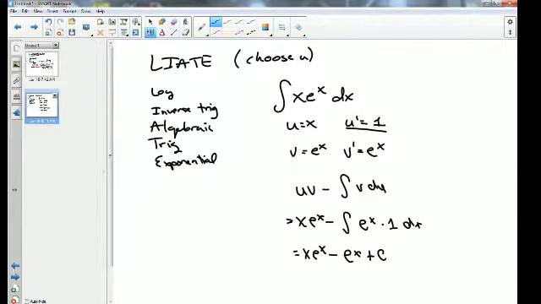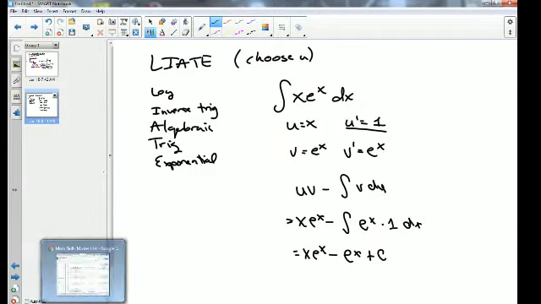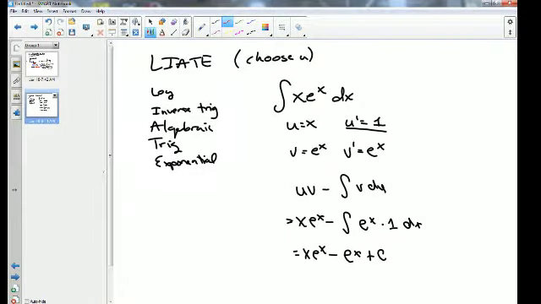You okay with that one? Do you want me to show you what happens if you choose the opposites? So if I choose u as e to the x and v prime as x, see, that does not get more simple. v prime requires an integral.